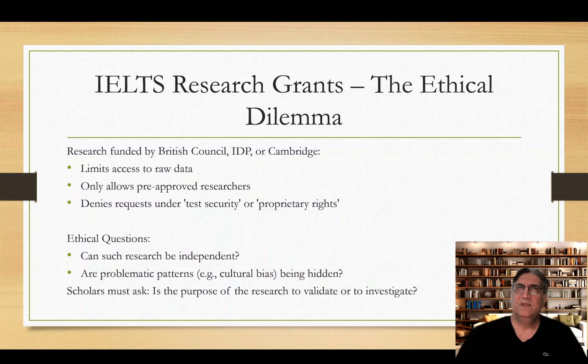Ask yourself, can research be truly independent if the test owner controls the data? If the test disadvantages certain groups, can that be exposed? Such control may lead to the systemic filtering of negative findings, resulting in only promotional research reaching the public.